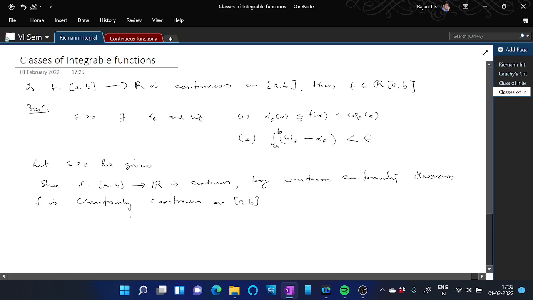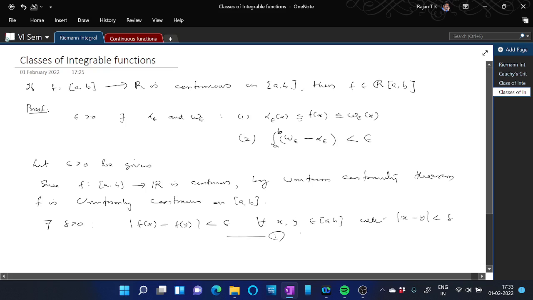Therefore, by the definition of uniform continuity, for this epsilon positive, there exists a delta positive such that modulus of f(x) minus f(y) is less than epsilon for all x, y in [a,b] satisfying modulus of x minus y less than delta.